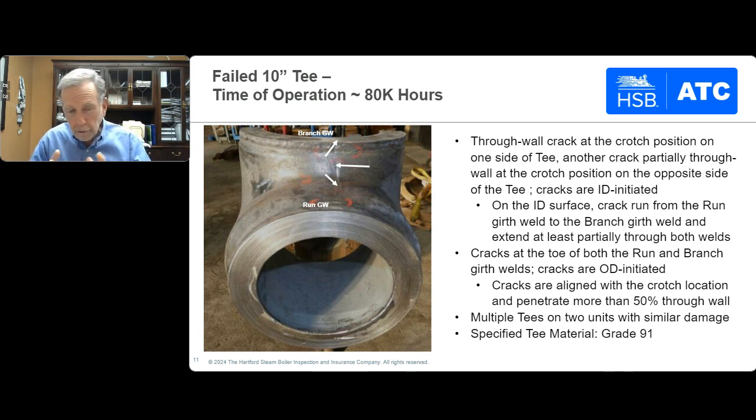And that relationship didn't hold in this particular case, because what we saw was that the crack extension at the OD surface where the crack had initiated was much more confined and concentrated within what you would consider to be the influence area of this crotch position.